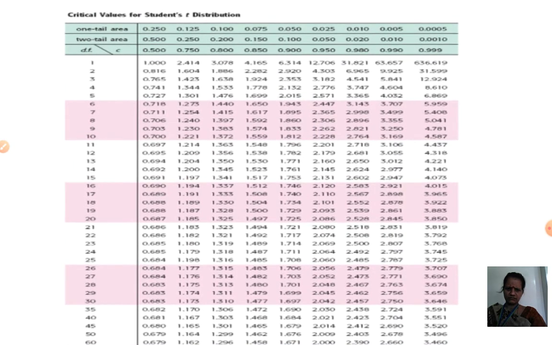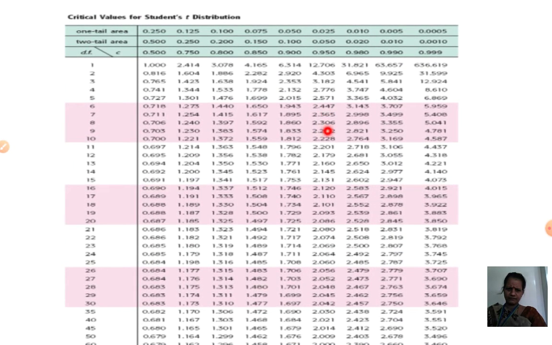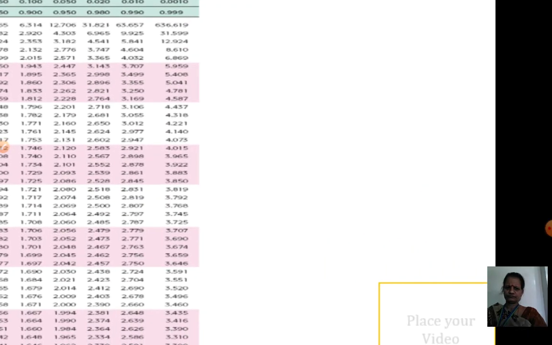Just to make a note. Yeah, this is the value. We can say 2.306 at the 8 degrees of freedom, and 0.25. This is for two-tailed test. This is the value.